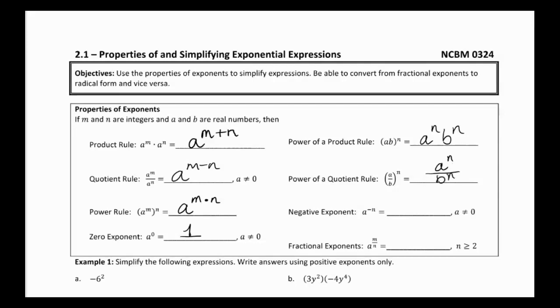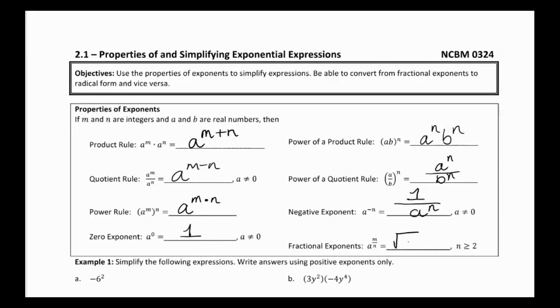For our negative exponent rule, we have a to the negative n. This is going to be 1 over a to the n. For our fractional exponents, we have a raised to the power of m over n. So here we're going to change it to a radical form.